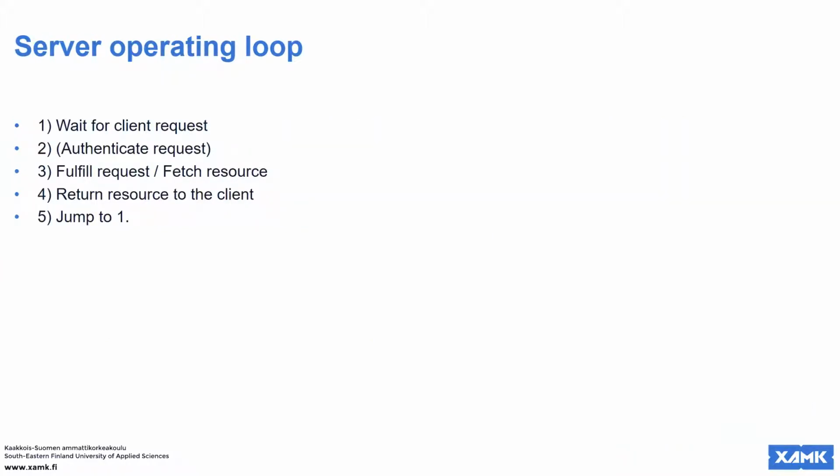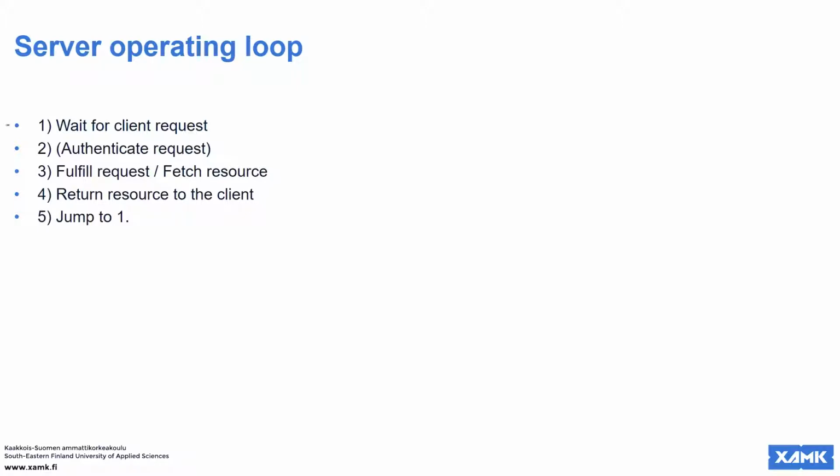Then how does a server actually work? So as said, the server is a computing resource somewhere, which basically waits until there is some requester, which we call a client, that needs some resource that is hosted on that server.